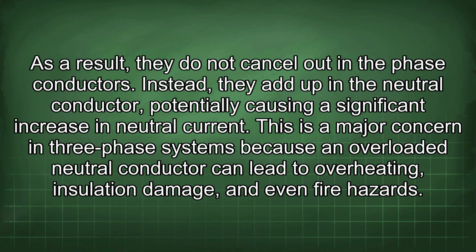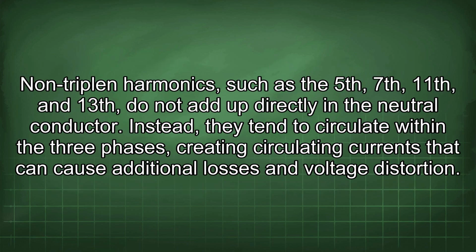Non-triplen harmonics, such as the 5th, 7th, 11th, and 13th, do not add up directly in the neutral conductor. Instead, they tend to circulate within the three phases, creating circulating currents that can cause additional losses and voltage distortion.